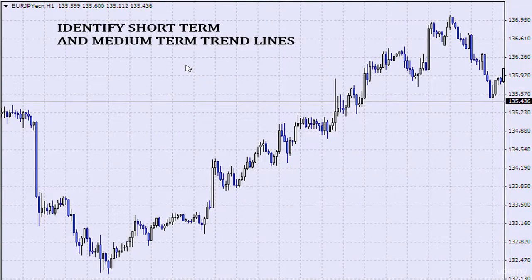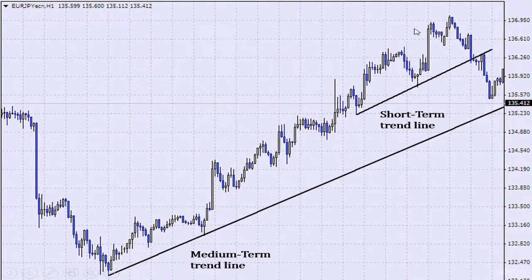Now pause this video and try to identify the short-term trend line and the medium-term trend line on this chart. Now, did you get this? This ABC. This is the most recent ABC, and this is our short-term trend line.